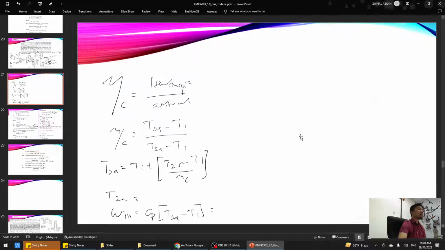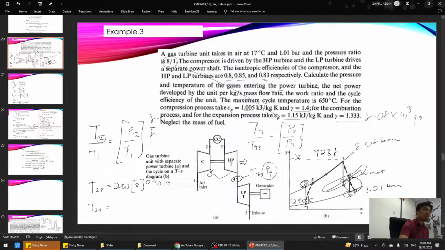So basically what most important on this thing is you must understand the question and correctly state out what most important in the question and what represent those statement on TS diagram. As long as your TS diagram is correct, everything is correct. Okay, you don't have to worry about that.